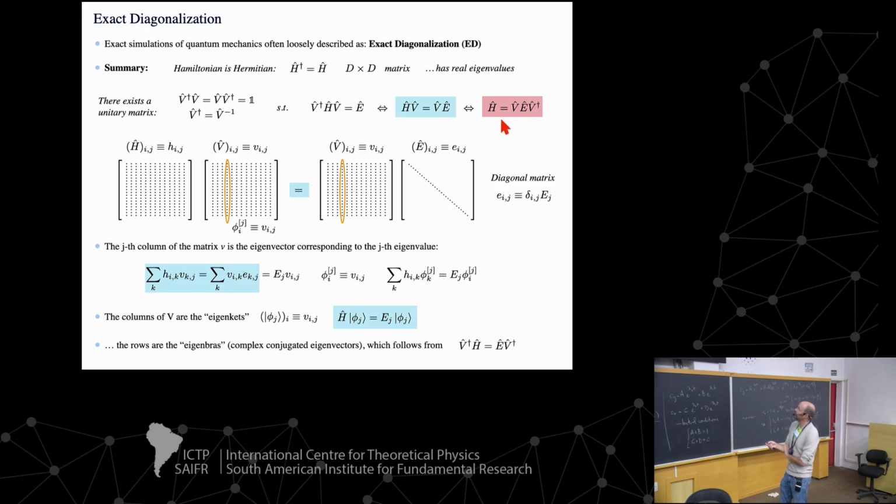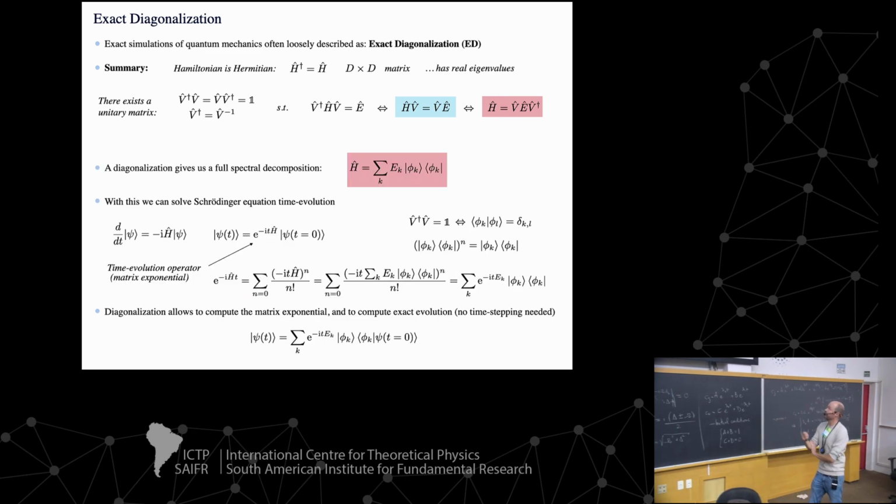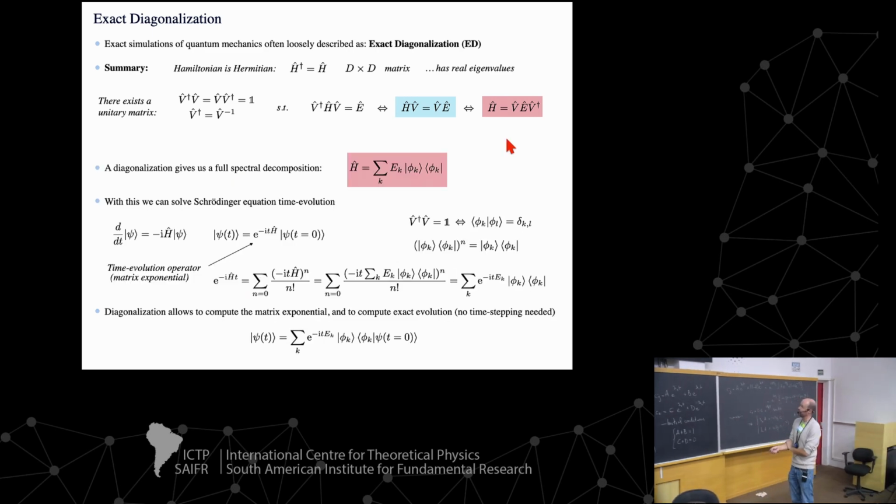So if I write the diagonalization as this equation over here, I can get it, for example, from applying the dagger from the right-hand side. Then I see that diagonalization means that I have a spectral decomposition of my Hamiltonian. Having introduced the things I just said before, I defined these eigenvectors as the columns of your matrices, and these are the rows of the matrices.